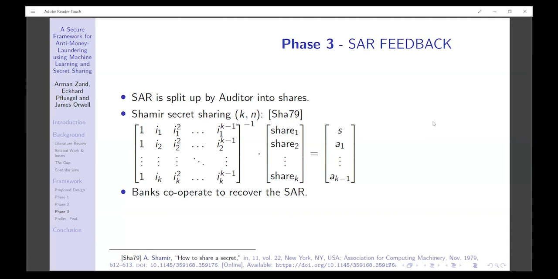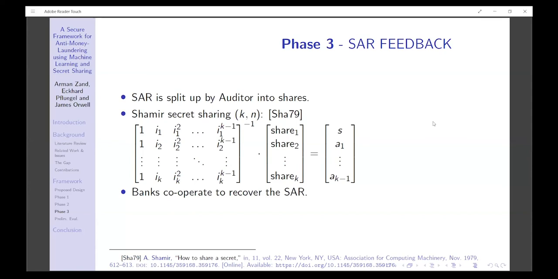So a good way of looking at how Shamir does this is in this matrix format. There's a Vandermonde matrix, which is inverted. When you multiply that by the shares, you can recover the coefficients and the original information.